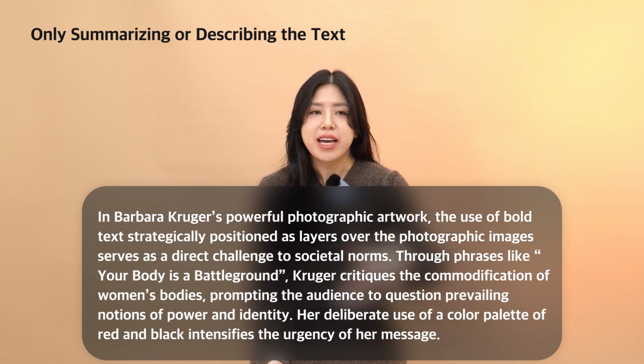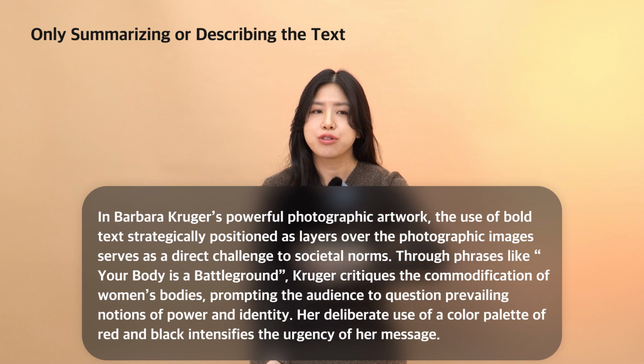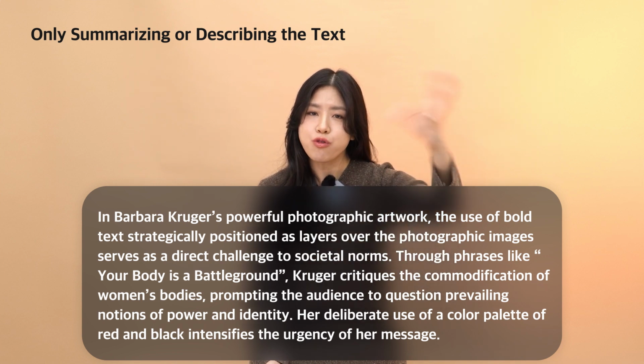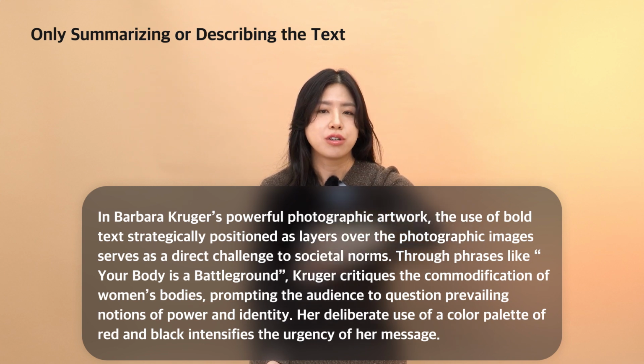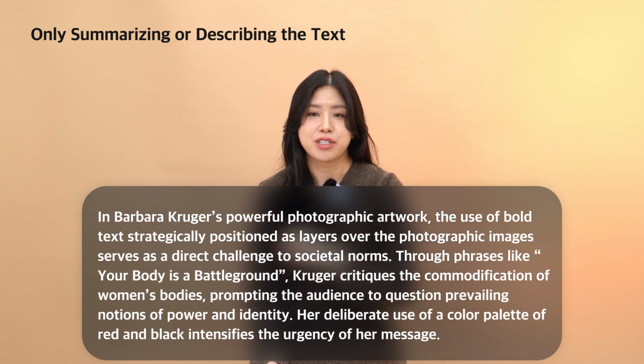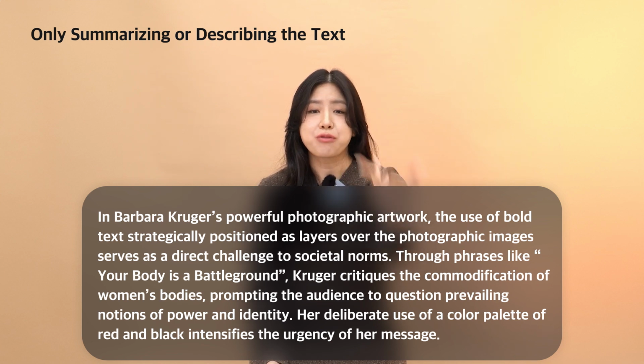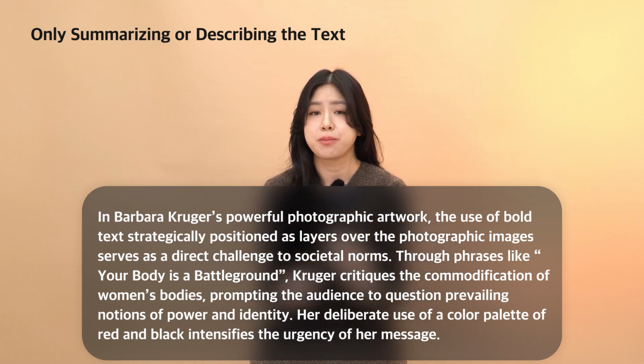So in my example here on the screen, I can say that her work is powerful and she uses bold text as layers over the photographic images to challenge societal norms. That's you analyzing author's purpose, right? What about word choices? The phrases like "your body is a battleground." It critiques how women's bodies are commodified, which means to be used as objects, right?